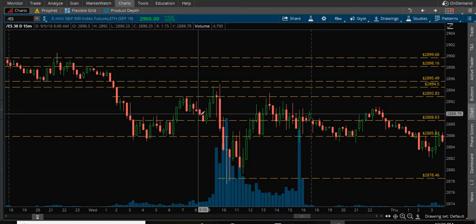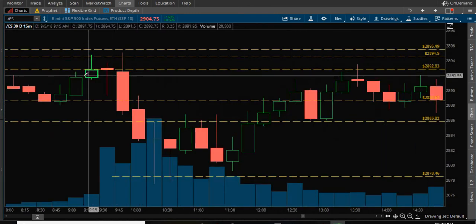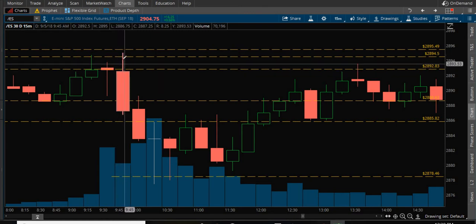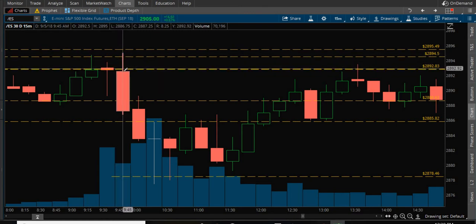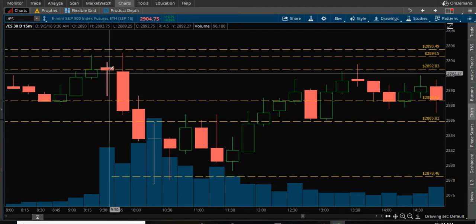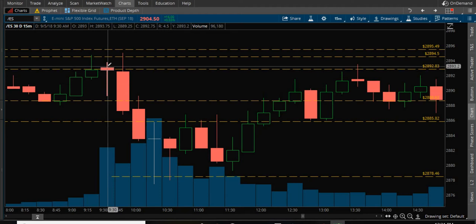Now if you look at the candlesticks, whenever you see a long upper wick, right, it means that the price is being pushed down. There's a lot of selling pushing the price down on this candle. Over here where you see the long bottom wick, there's a lot of buy action pushing the price up, right?